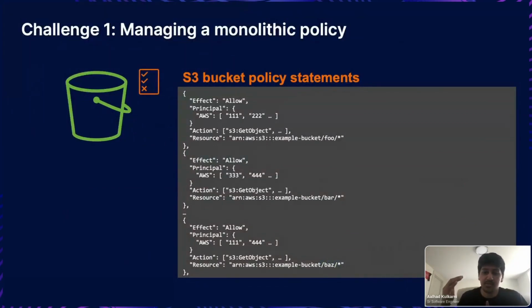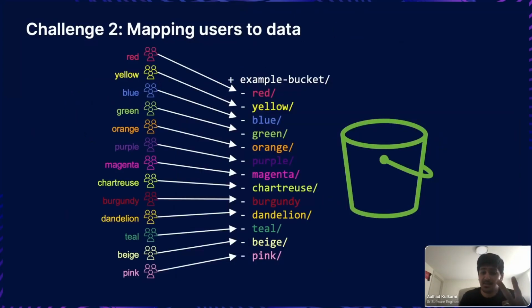You run into bucket policy limitations. We talked about IAM policy or role limitations as well. So that's challenge number one. Challenge number two is mapping users to data. Most of the time our customers are Active Directory users. So I wake up in the morning, I log on to my Amazon laptop as a corporate user.